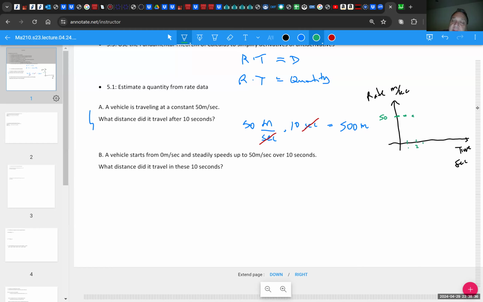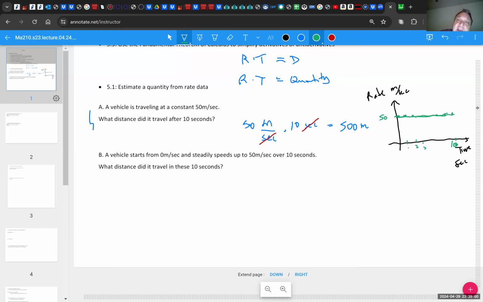At every time all the way to 10 seconds, it's going 50 meters per second. Because it's a constant, we know the rate doesn't change, so we can just connect these all with a straight line. Thus, we have a graphical image of a constant rate of 50 meters per second over 10 seconds.